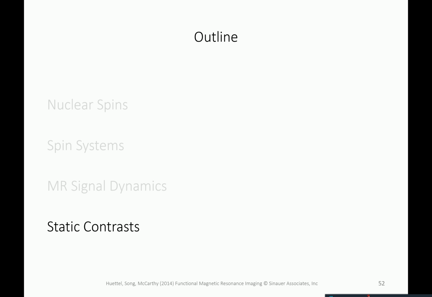I'm talking about these static contrasts right now, which refer to the idea that you do T1 or T2 weighted imaging. That's what we talk about now, because we can, based on what we've just seen in the earlier hour. Also note that things like K-space are not explained yet.